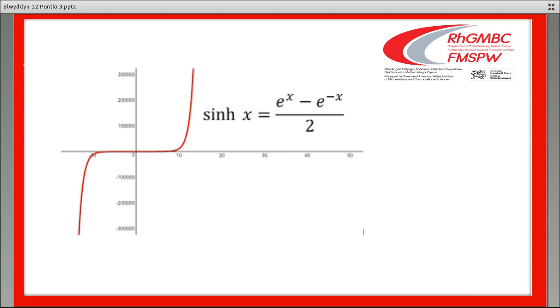If you think about it in terms of a cubic, then you won't go far wrong when you're sketching sinh of x. As you can see, when you get to 10, the graph almost goes vertical. So again, showing that e to the power of x gets very big very quickly once you put even semi-large numbers into it.